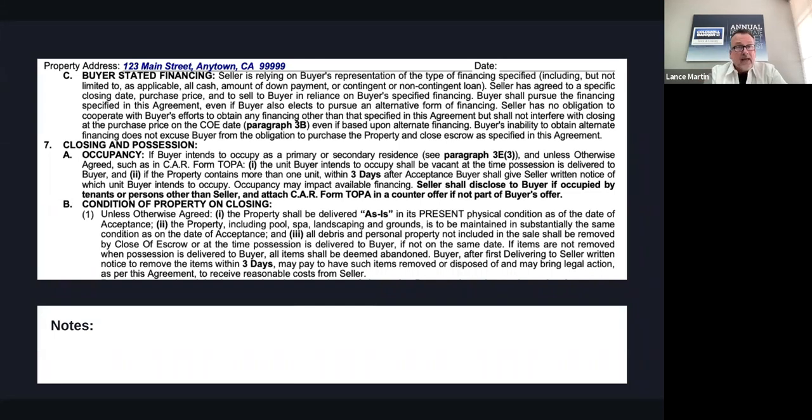And if you unilaterally, buyer, change your stated financing, in other words, well, I don't want to put down 30% anymore. My lender says I don't have to. My lender says I only have to put down 5%. Okay. Well, the seller relied on the 30, not the 5. And the seller's going to have a problem. I'm going to have a problem as the listing agent.